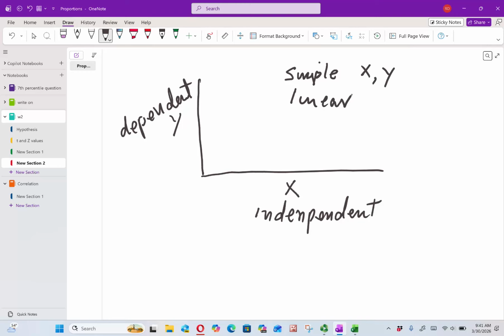And the regression part of simple linear regression is just a name. And it comes from one of the first uses of it, where one of the early statisticians looked at the height of fathers and sons. Tall fathers had shorter sons. Shorter fathers tended to have taller sons.